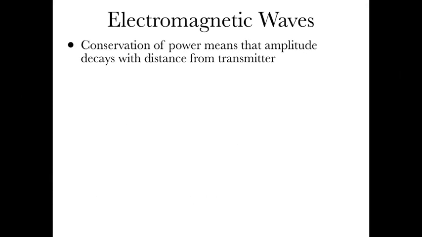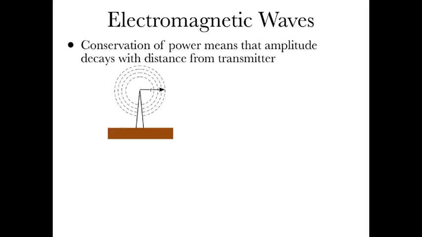All right, more properties. There's the conservation of power issue, which means that the amplitude of a signal transmitted by our wireless has to decay with distance from the transmitter. So here's a little diagram. Here we have an antenna that, let's assume, sends out a short pulse, just for fun.